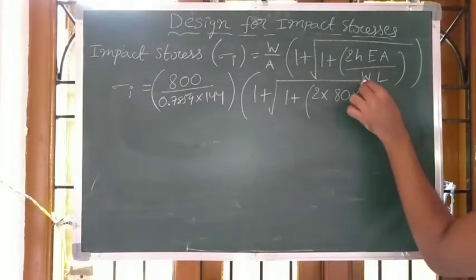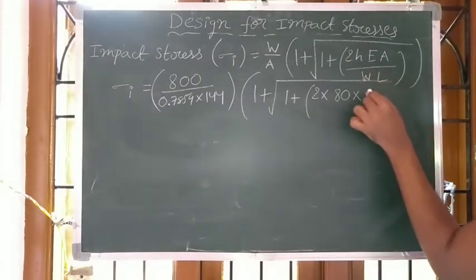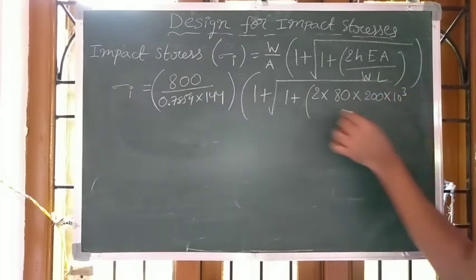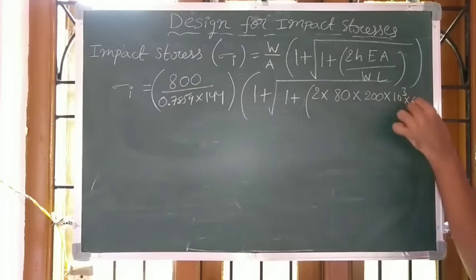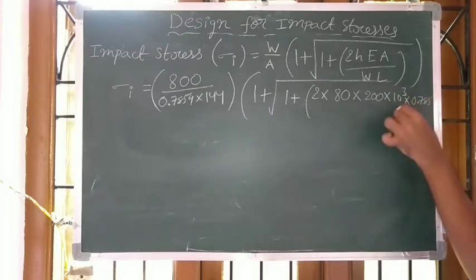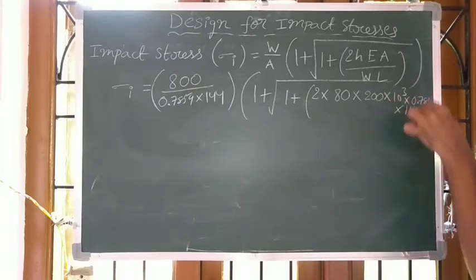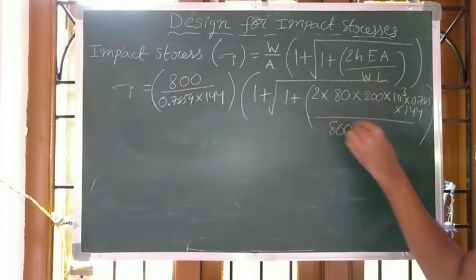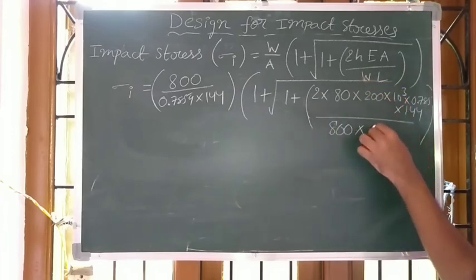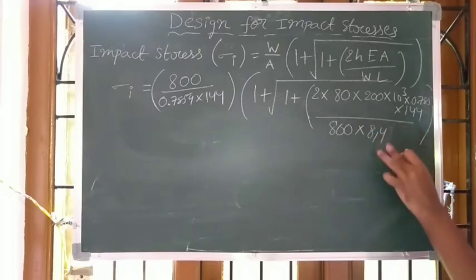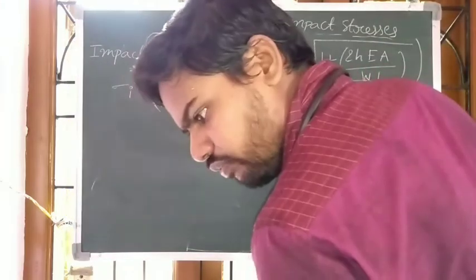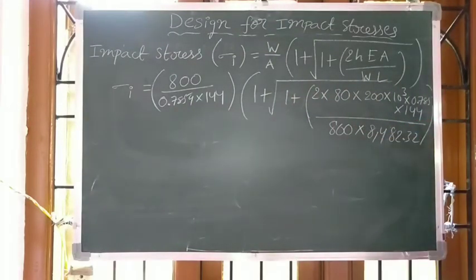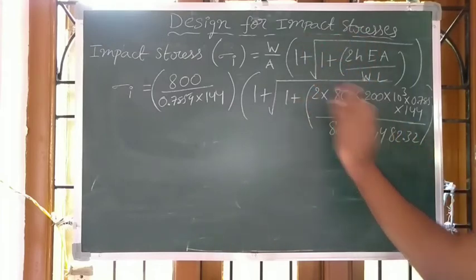Into Young's modulus, 200 into 10 cube Newton per mm square, and again the area 0.7854 into 144, divided by W, 800, into the length of the bar, 8482, which we calculated just before. Substitute all the values in this expression.